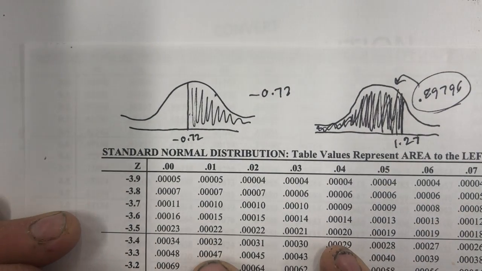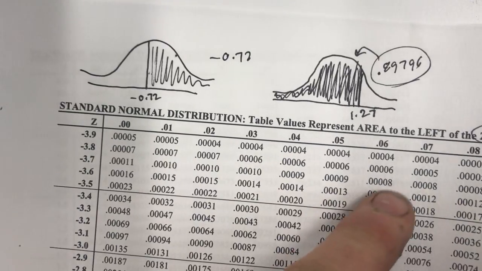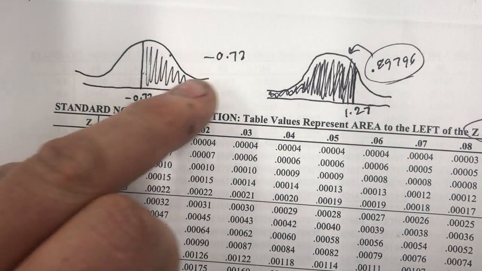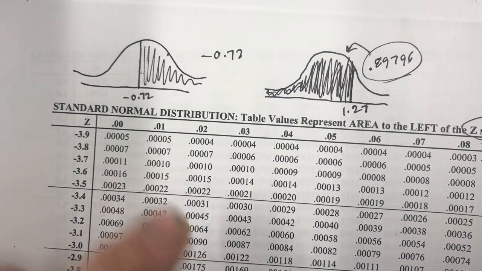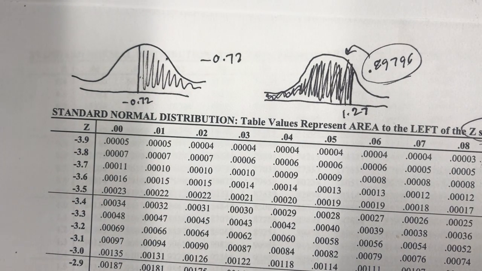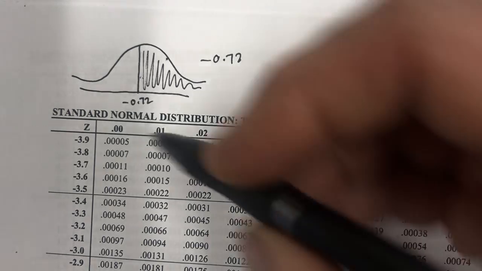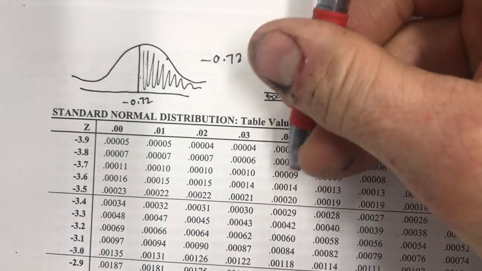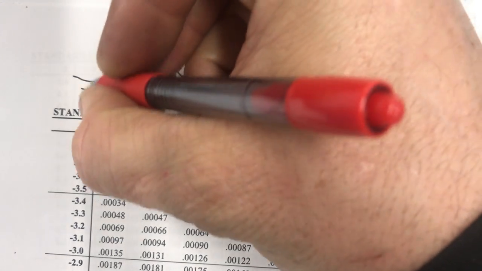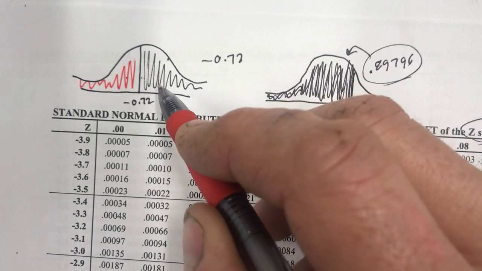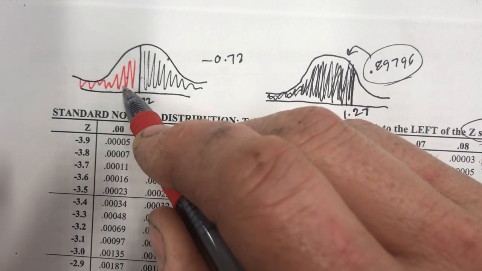I look it up on the table, but on this table this is to the left. So when I look this up, that tells me what's to the left. So I would subtract that from 1. Well, I don't want this area, I want this area. So I do 1 minus whatever that value is.